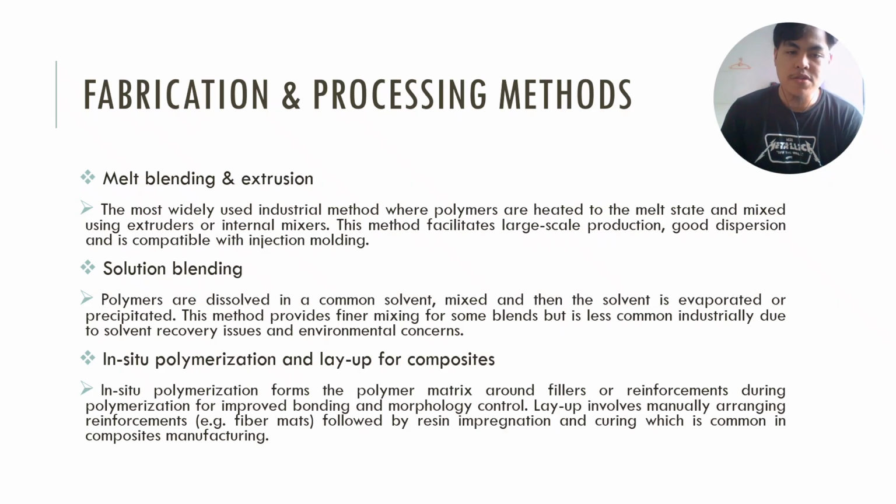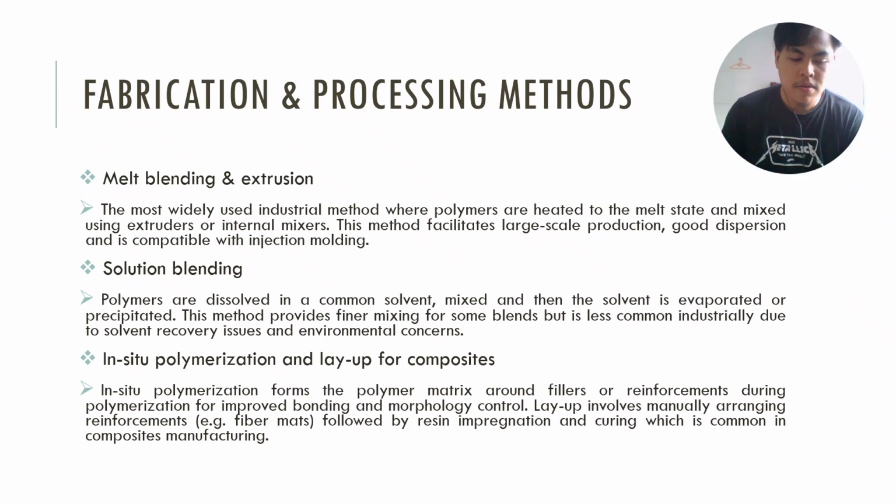The second one is solution blending. Polymers are dissolved in a common solvent, mixed, and then the solvent is evaporated or precipitated. This method provides finer mixing for some blends, but is less common industrially due to solvent recovery issues and environmental concerns.